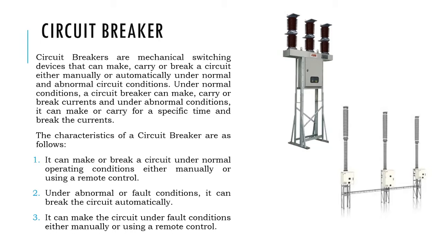Under abnormal or fault conditions, it can break the circuit automatically. And the third one is it can make the circuit under fault conditions, either manually or using remote again. So there are two modes of operation at every stage, not only for the breaker but for the isolator as well. One is local mode, the other is remote. From remote, I am operating the breaker, or from local.